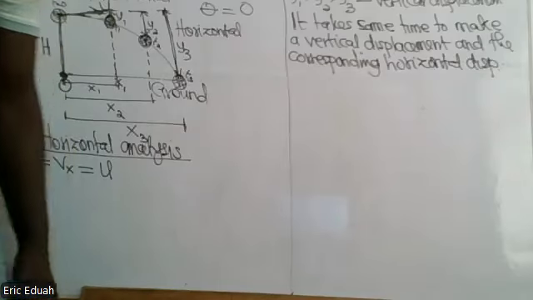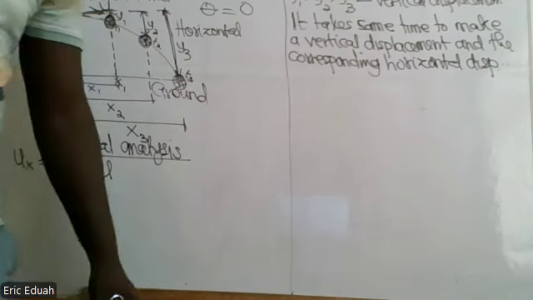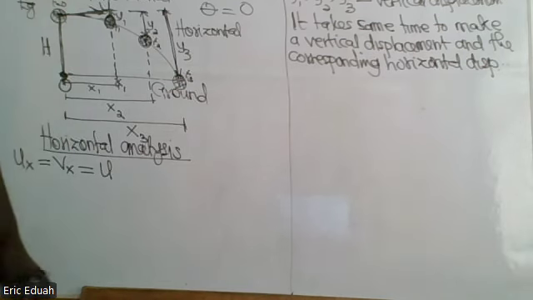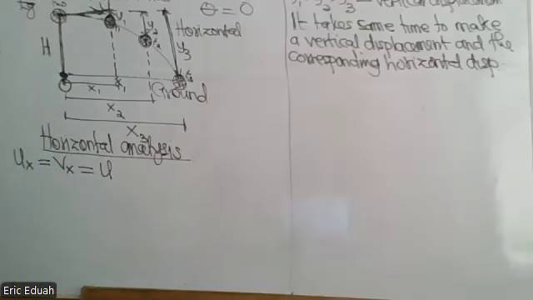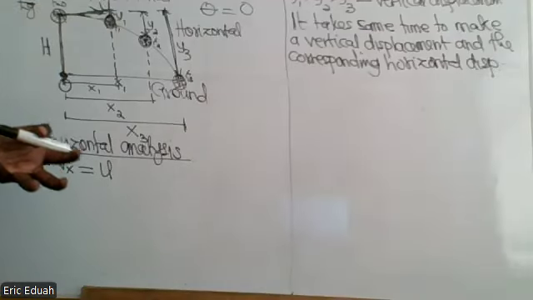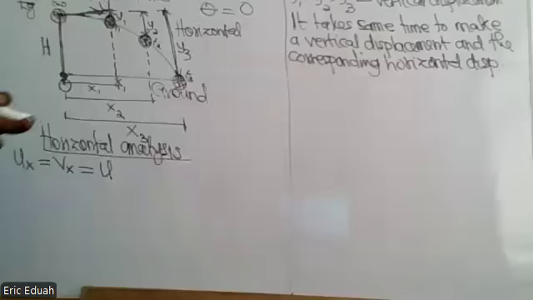Write that down. Why is it that in projectile motion, the horizontal velocity is constant? The horizontal velocity is constant because air resistance and gravity are eliminated or do not affect the motion horizontally.